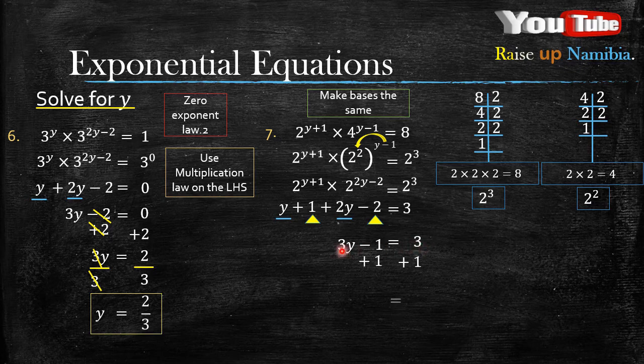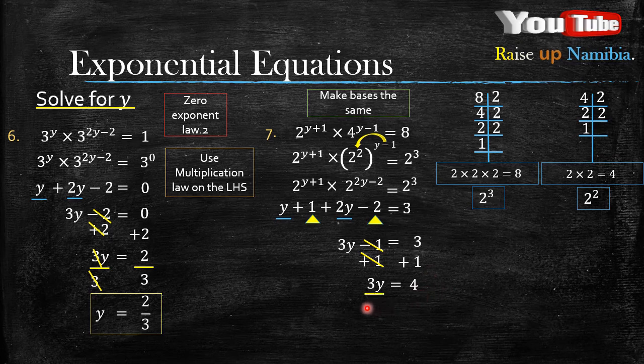Now from here, it's again a simple linear equation that you can solve by adding 1 on the left hand side and also adding 1 on the right hand side. So it will cancel out on the left hand side and you are left with a 3y, while on the right hand side 3 plus 1 equals 4.